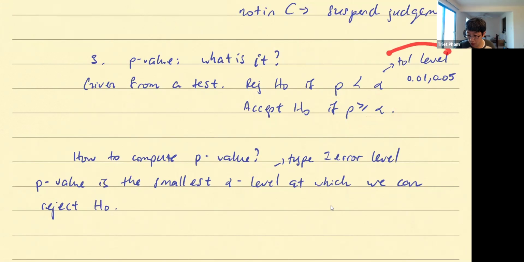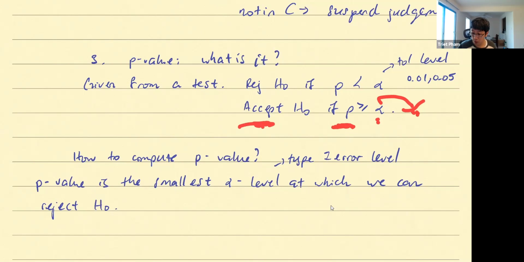Tolerance level means you need the alpha to go below that. You want your type 1 error to be below alpha. But the p-value is the smallest at which you can reject. So if you require your type 1 error to be even below alpha, you cannot do that, because p is the lowest you can reject. So you must accept. Is that okay?